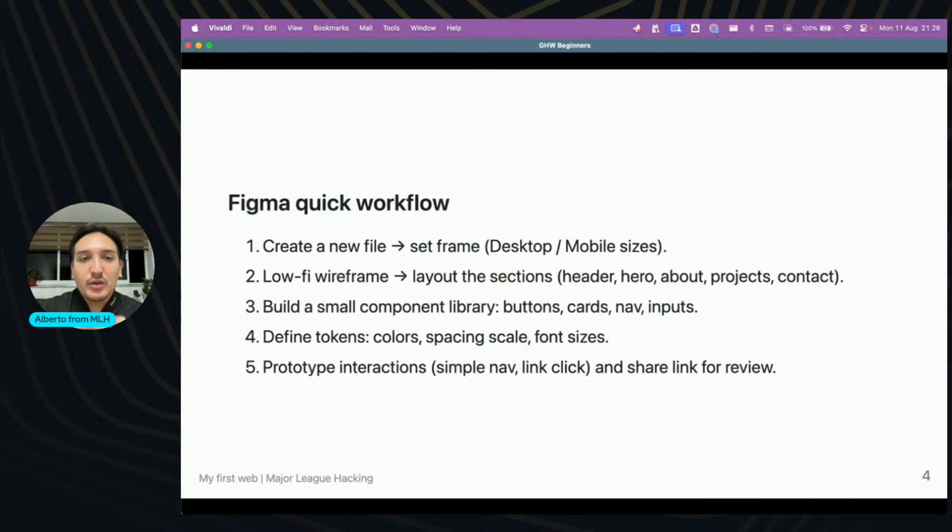Then do your low-fi wireframe. And what I mean by this is, not start with the colors, or whether this section is going to be a circle or a rounded square, or, I don't know, a fancy message coming from the mouth of an animated dragon or something like that.